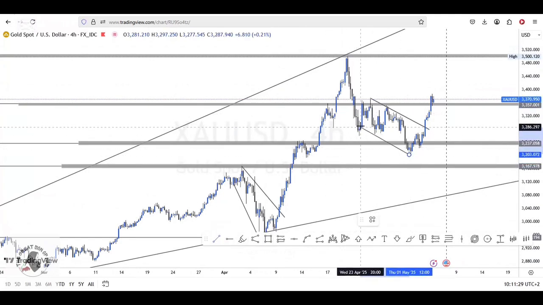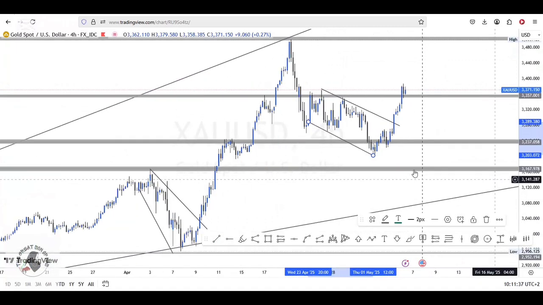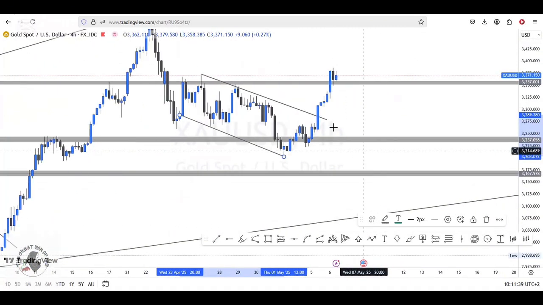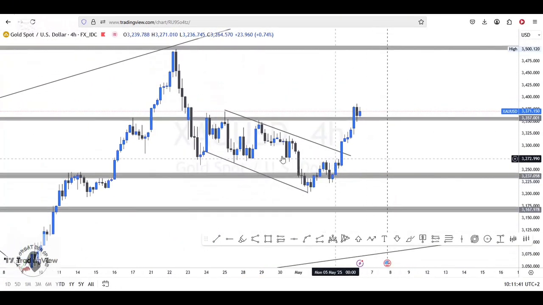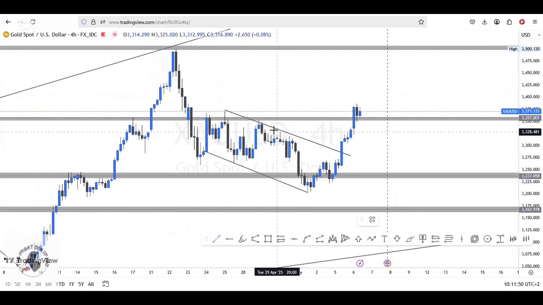What I did, I caught the buys here because of the breakout on this pattern. So this pattern here, guys, is what we call a falling wedge. Yeah, it's a falling wedge. Now you must get familiar with this, understand? So this is what we call a falling wedge.